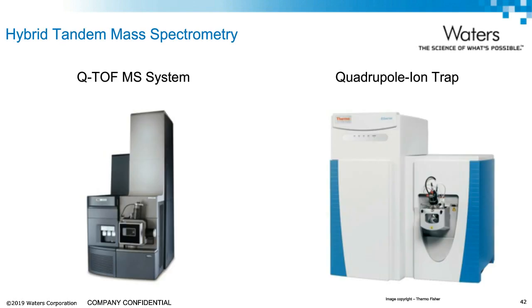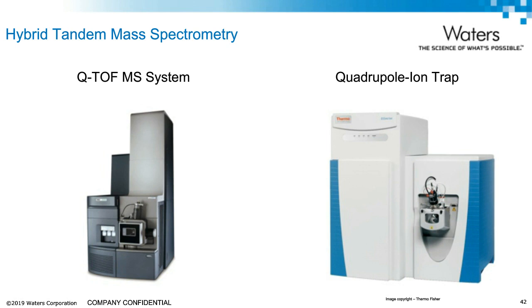Many modern MS systems use more than one type of mass analyzer to expand the range of experiments that can be run on it. Examples of this include the QTOF mentioned earlier. The QTOF, shown on the left, uses a quadrupole, a collision cell, and a TOF mass analyzer in series, which allows for both high-resolution MS and MS-MS experiments to be run on the same system.